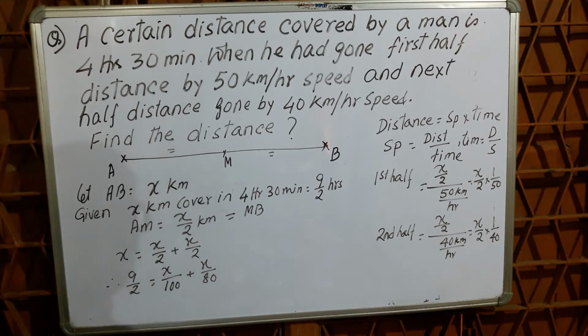Now you see the LCM of this is 400, so 9 by 2 equal to 4x plus 5x by 400.